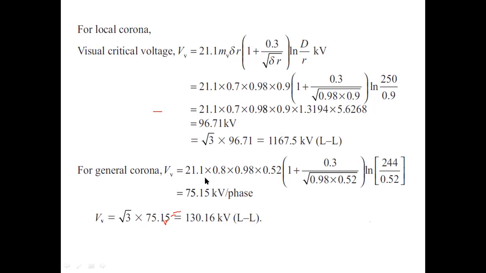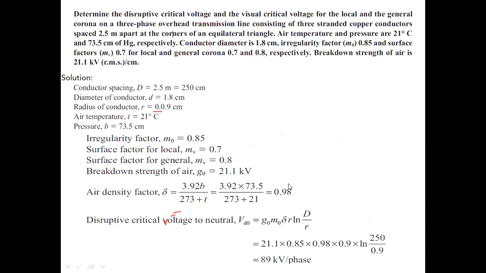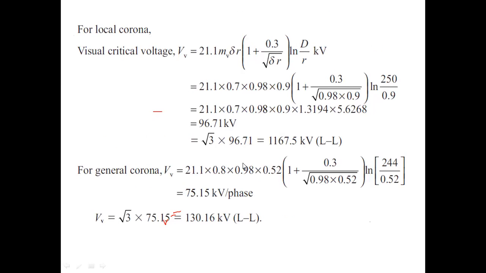So this is for the general corona, because the value for MV is different for the general. For the local, the MV value is 0.7, and for the general we have 0.8. Because of these different MV values, we have different VV values. VV for the local with 0.7 MV is this, and VV for the general corona with MV 0.8 will be this.